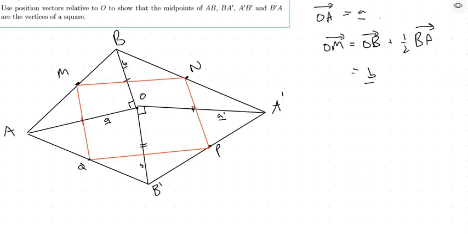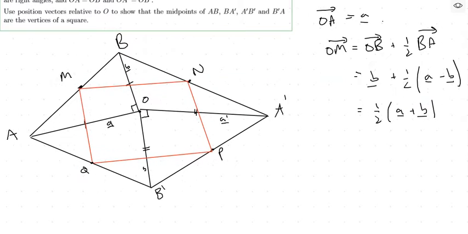OB is B. From B to A is A minus B. So in total we have a half A plus B. So that's from the origin to M, the midpoint of AB.